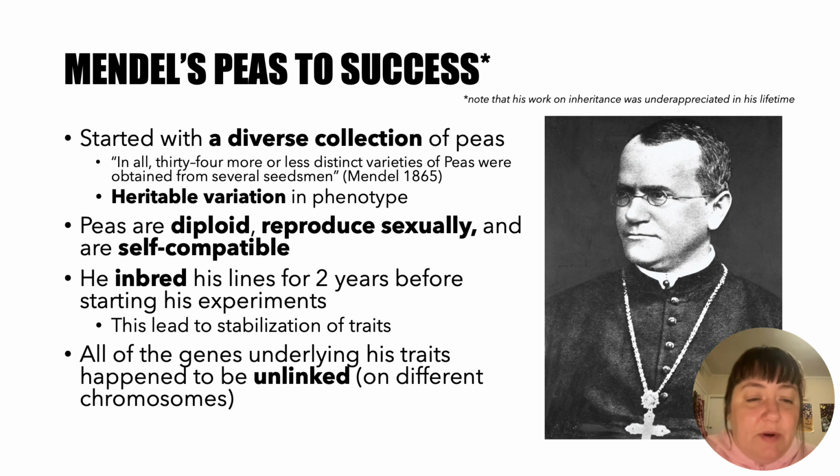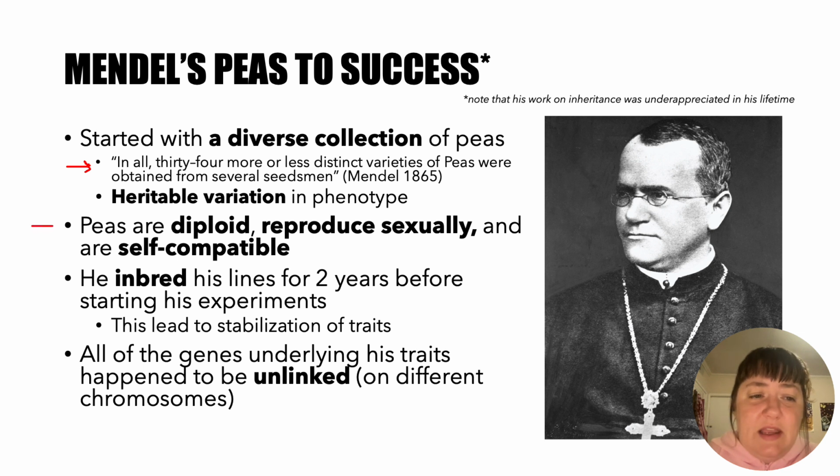If you read his paper, which I did to prepare for this lecture for some reason, he says, "In all, 34 more or less distinctive varieties of peas were obtained from several seedsmen." So he went around and gathered peas that are different from each other, because you can't really do genetics if you don't have any differences that you're trying to study, right? And then he had the variation in phenotype, and it was heritable. He's trying to study inheritance, right?